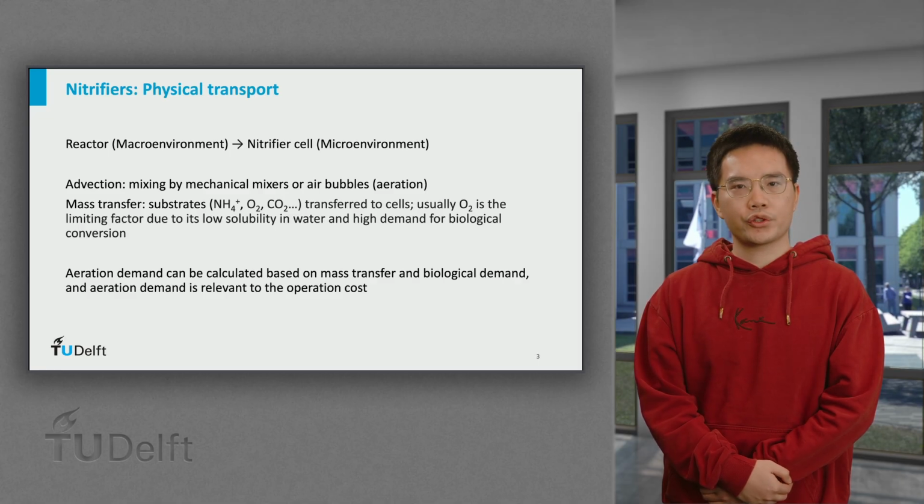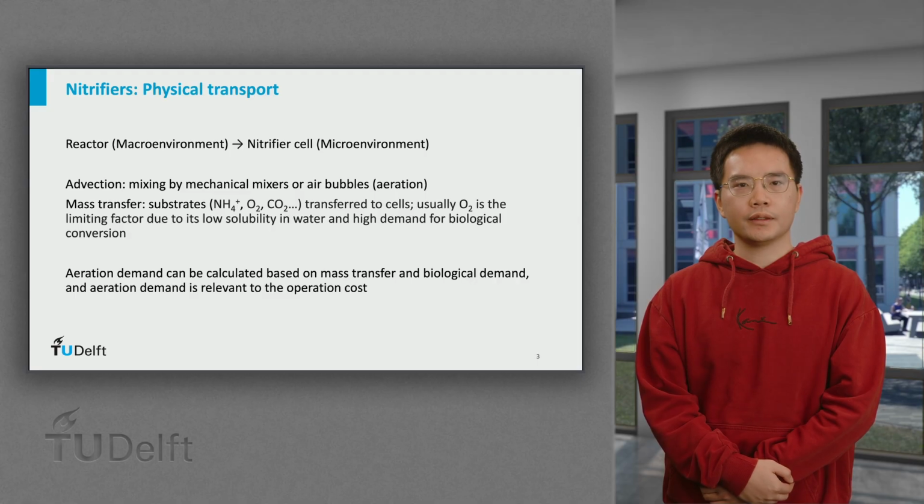Mass transfer illustrates that only a small fraction of the oxygen we supply through aeration actually reaches the biomass. So mass transfer efficiency becomes crucial when determining aeration demand, how much air needs to be supplied. And aeration demand again links directly to operating cost.